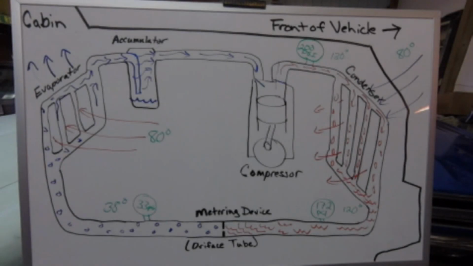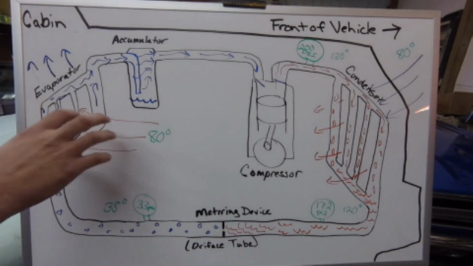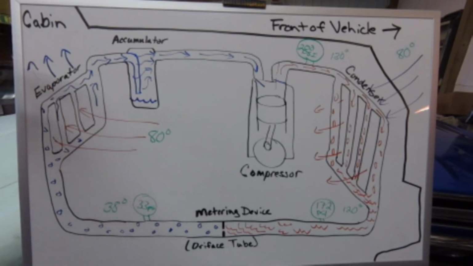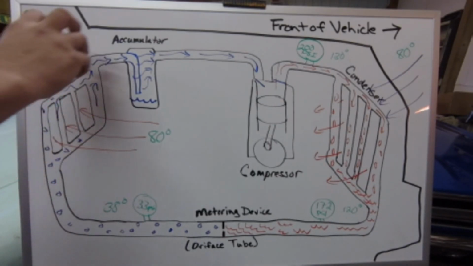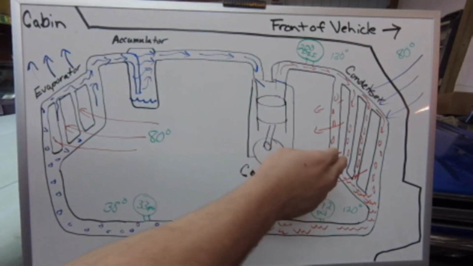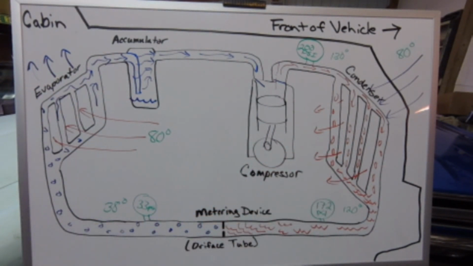The success of the refrigeration cycle depends on the ability for us to take heat energy before it enters the cabin and transfer it through the refrigerant and dump it outside the car. The way we do that is by skewing the pressures in the AC system to change the boiling point of the refrigerant to do what we want it to do. Heat transfers from hot to cold or hot to less hot.